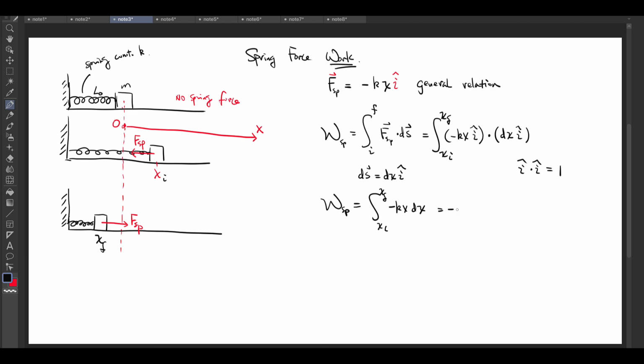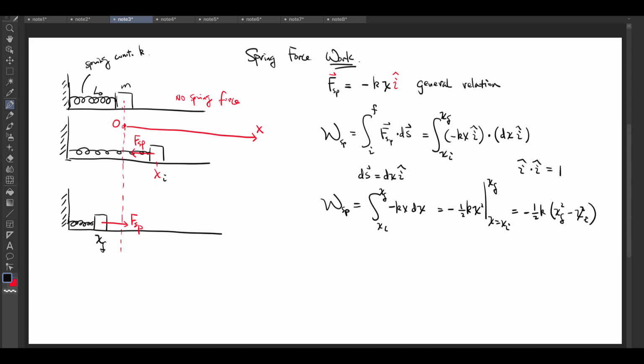Okay, so that gives us negative 1/2 k x squared, and x goes from initial to final. Now if I plug in the lower and upper bounds, I get negative 1/2 k times x final squared minus x initial squared. Okay, so that's the work done by the spring force in this case.